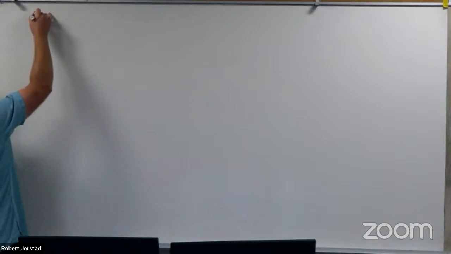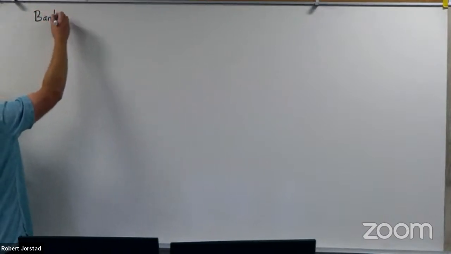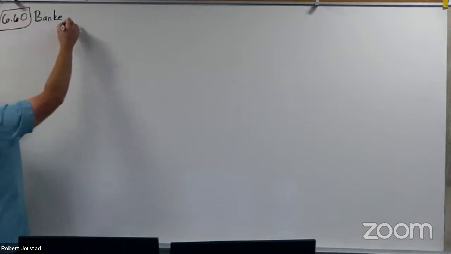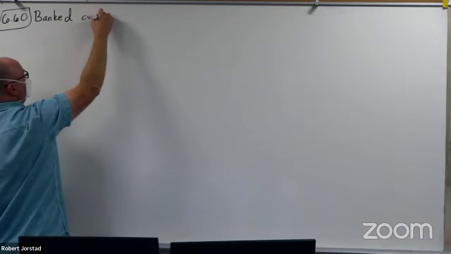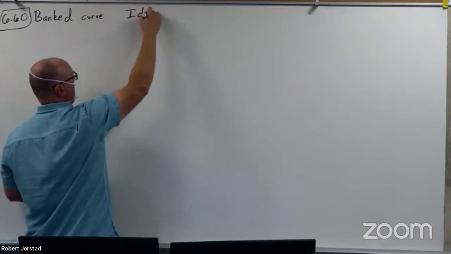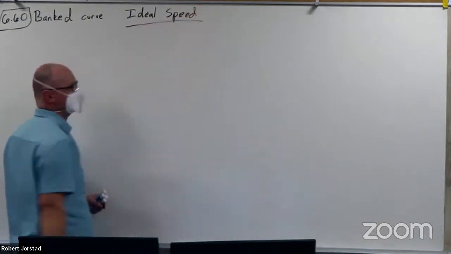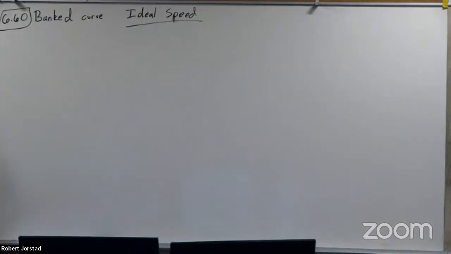So as Alan was saying, we need to get the ideal speed for a banked curve. What problem is this? 660. Thank you. Banked curve, ideal speed. To be clear, what does this mean?